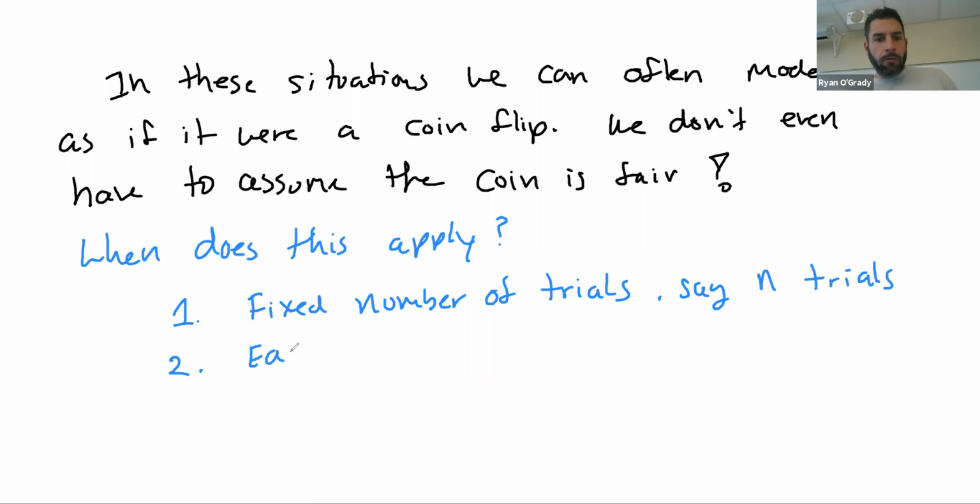Then each trial has 2 outcomes: heads, tails, pass, fail, lives, dies, pays off loan, defaults on loan.